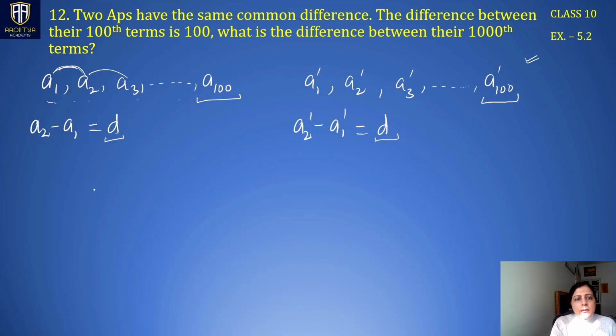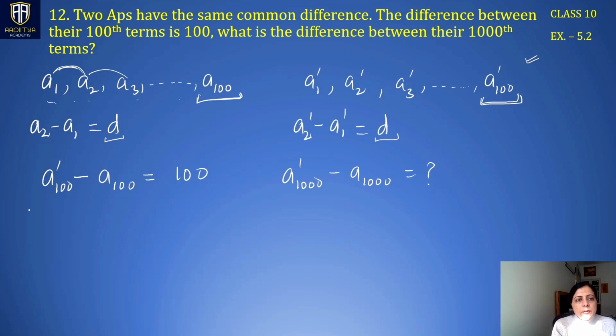Considering this as the bigger one, I am writing A100 dash minus A100 is 100. So I have taken this 100th term and this 100th term of both the sequences and their difference is 100. What is the difference between their 1000th term? So we have to find A1000 dash minus A1000. That we have to calculate.